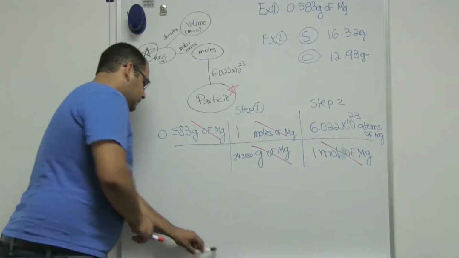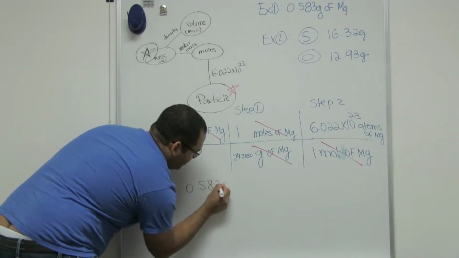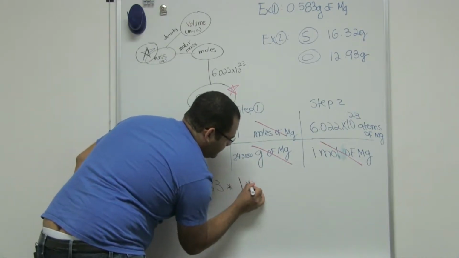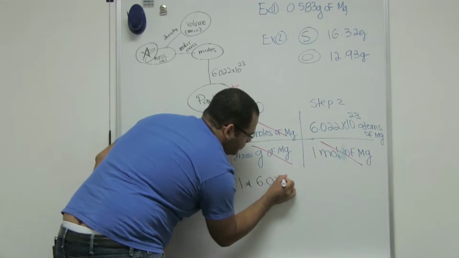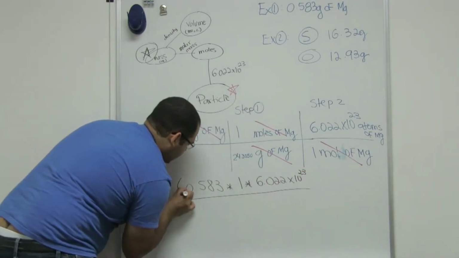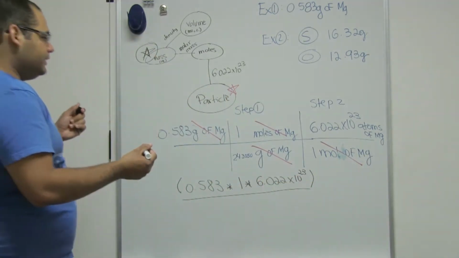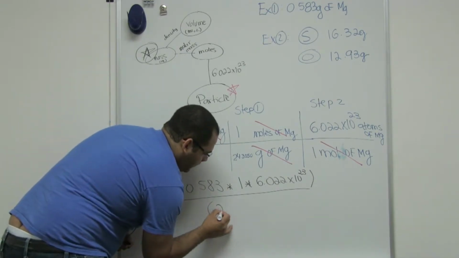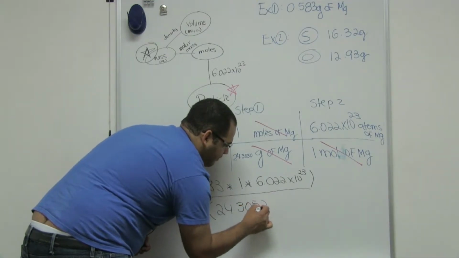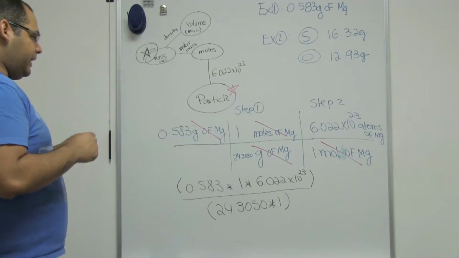So if I do 0.5H3 times 1 times 6.022 times 10 to the 23rd divided by, in your calculator you want to use parentheses for the numerator, 24.3050 times 1, I get my answer.